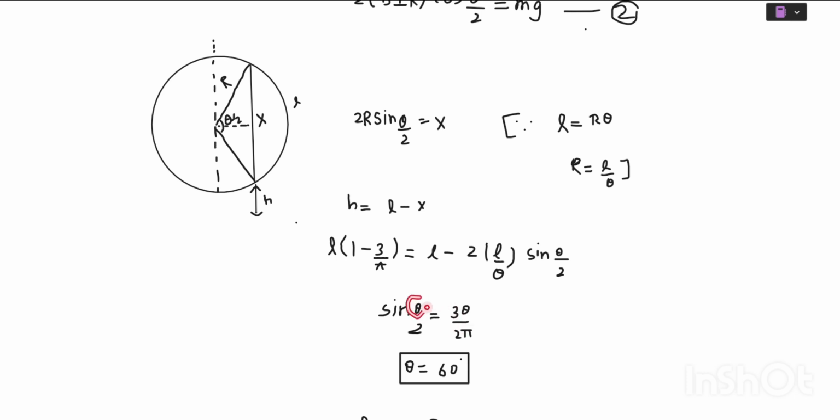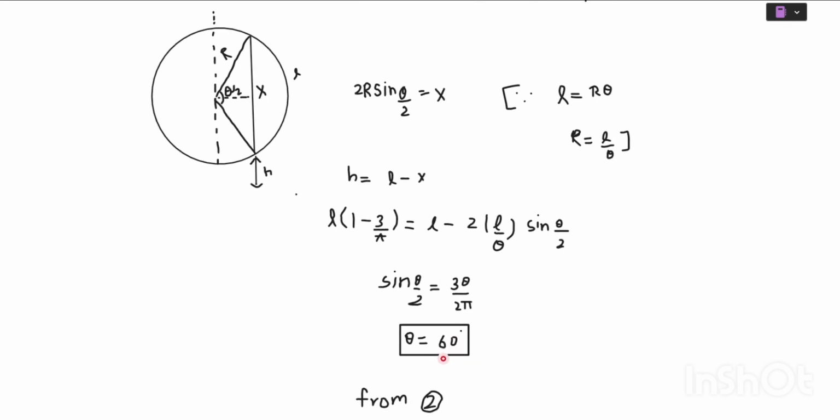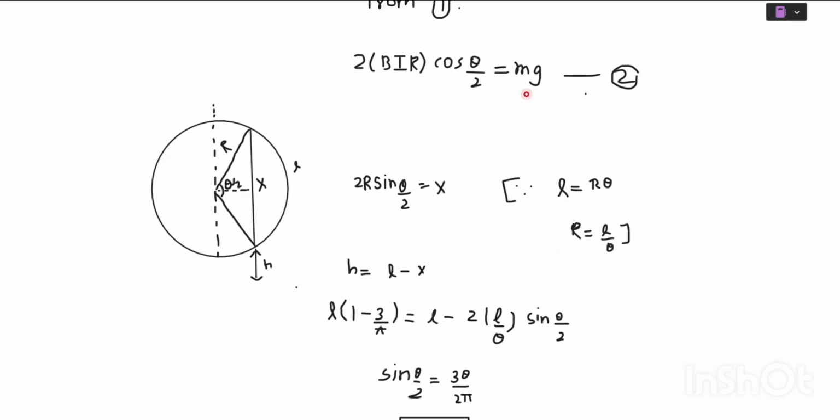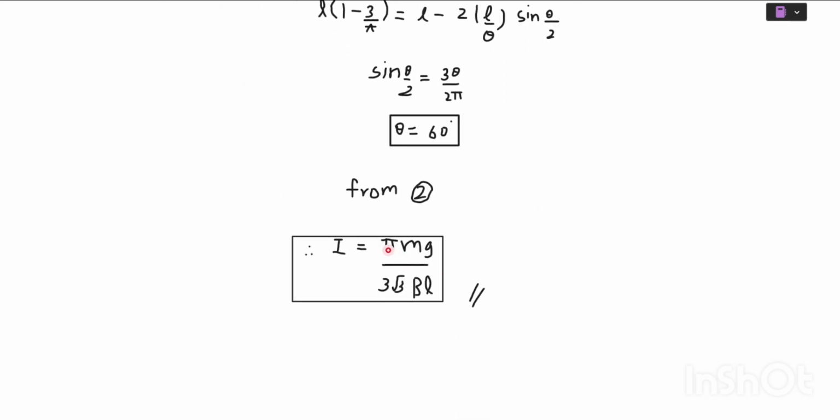Basically, we substitute theta values one by one from 0 to 90 degrees, and finally one of the values is the exact solution. Theta equal to 60 degrees is the exact solution. Now we substitute theta equal to 60 degrees in equation 2. Finally we get current equals pi times mg upon 3 root 3 times BL.